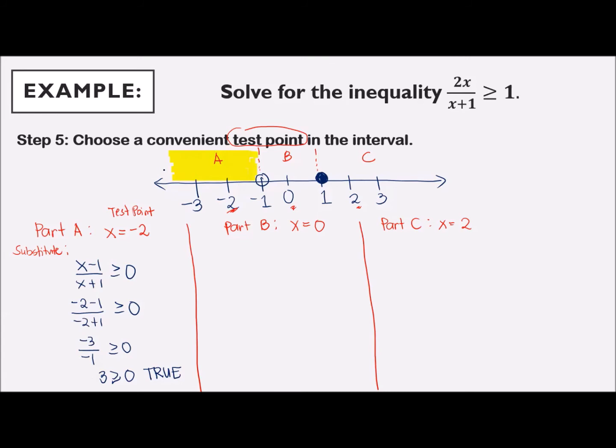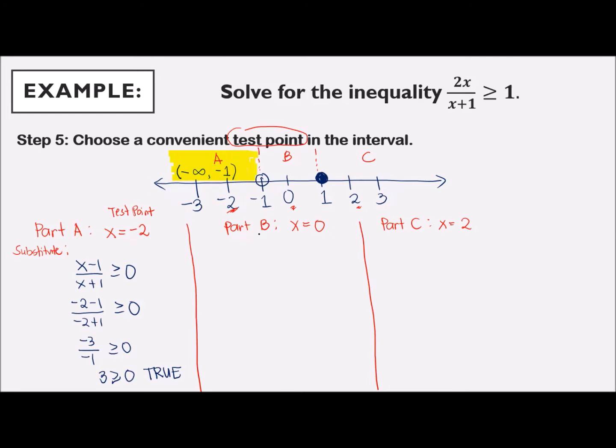Okay? So, dahil nasa kaliwa ng negative 1, ibig sabihin yan ay puro negative numbers. Kaya ang symbol ay negative infinity. Tapos ang boundary natin ay negative 1. At dapat parenthesis din ang katabi kasi nga hindi siya parte ng solution. So yan ang interval dito sa letter A or sa part A.